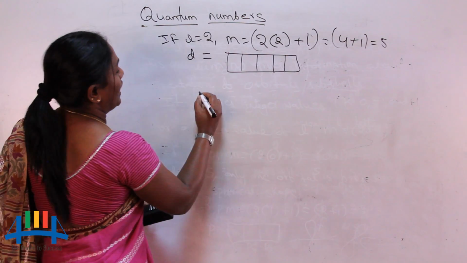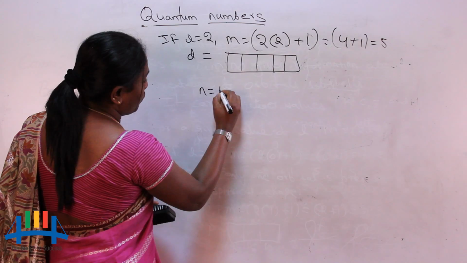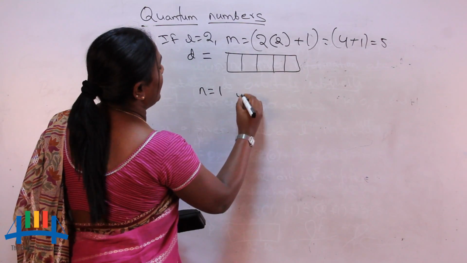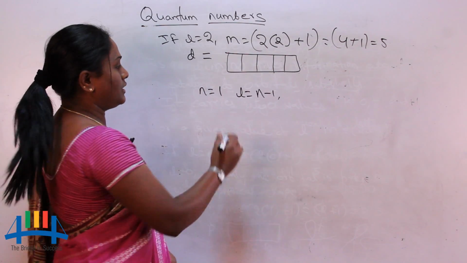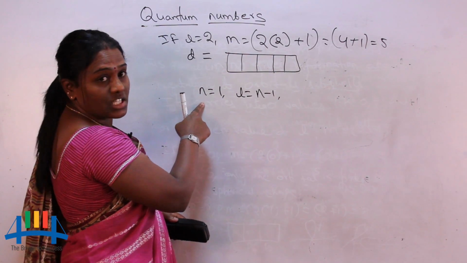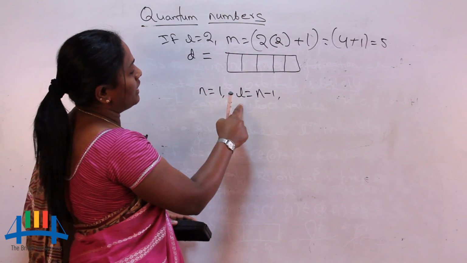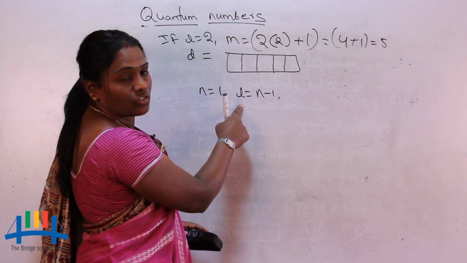Now you know, N is equal to 1 means L should be N minus 1. This is the principal quantum number and this is the azimuthal quantum number.